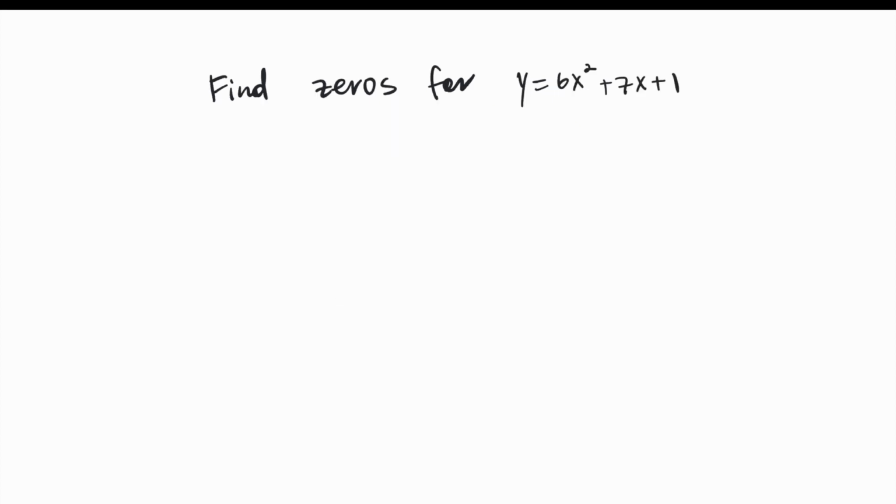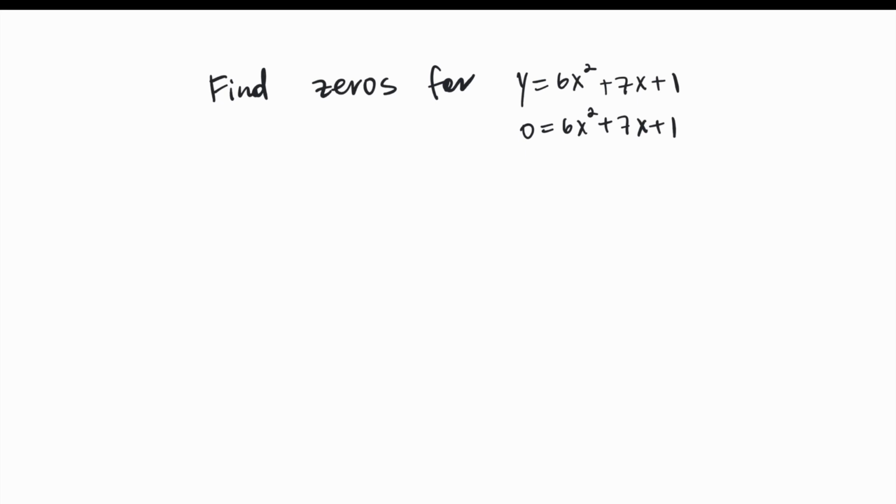Here is another example. Find zeros for the function y equals 6x squared plus 7x plus 1. I will go ahead and replace y with 0. And we can solve this using either factoring or the quadratic formula.